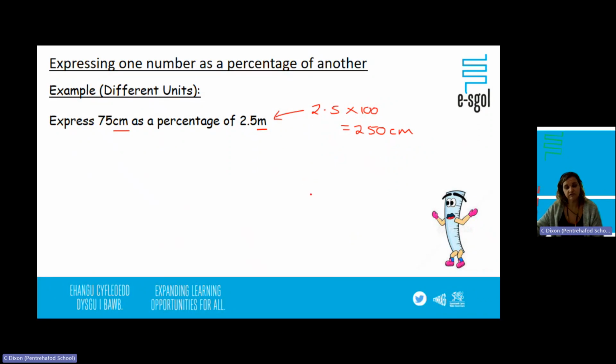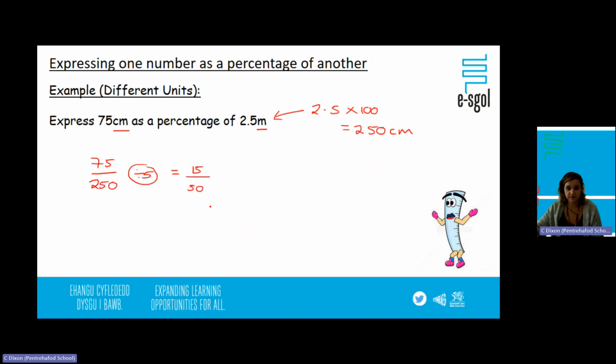Now, once you've done that conversion, the rest is what we've already been doing. So 75 on the top, 250 on the bottom. Again, I'm going to make this a little bit smaller actually. I'm going to divide by 5. I can see 5 goes into both of them. So 5 goes into 75 15 times. 5 goes into 250 50 times.